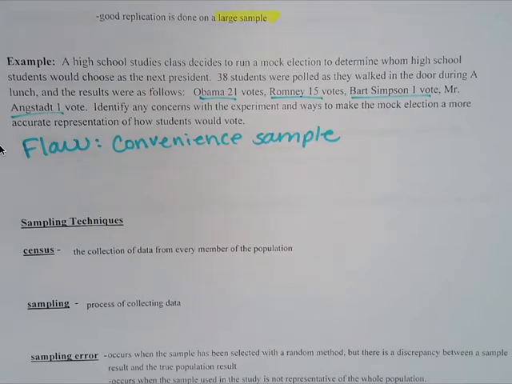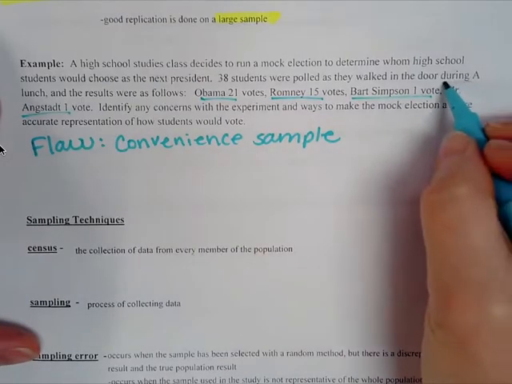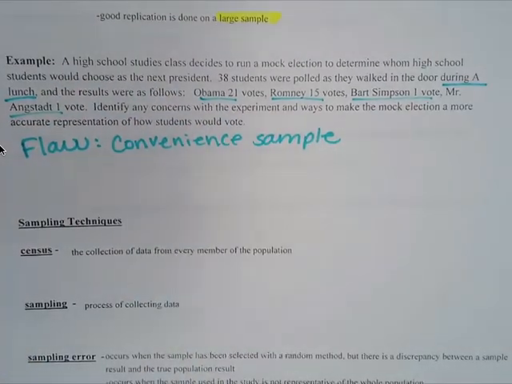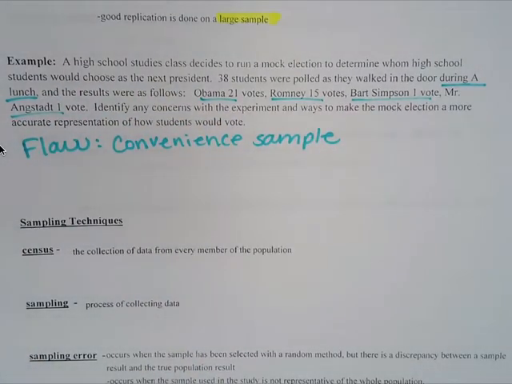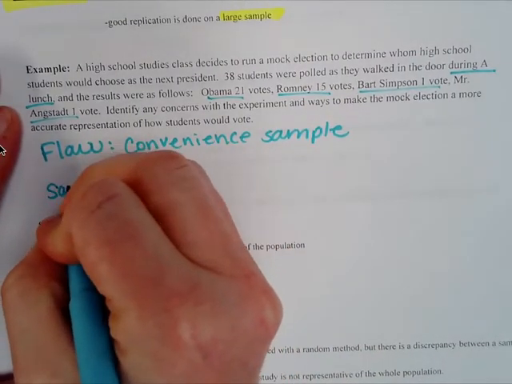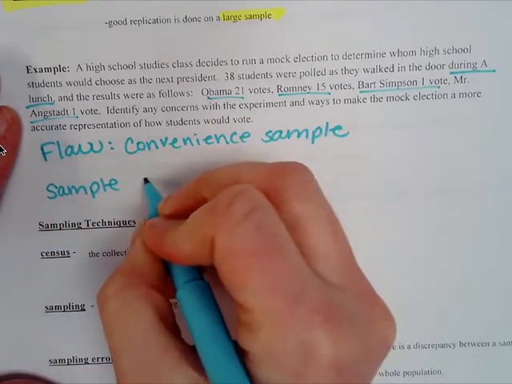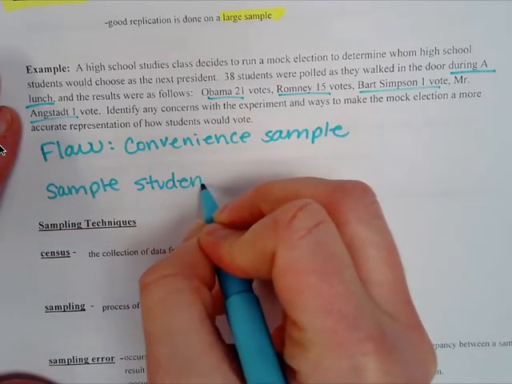So we'd really need to know what's the total population. And then we need to know if there's more than one lunch. So it says during a lunch. So it's a possibility that B lunch has a certain demographic. So you need to sample students from all lunches.